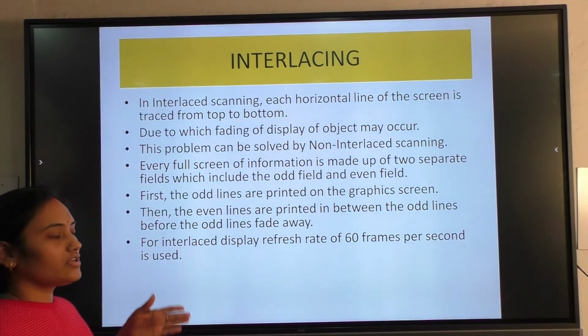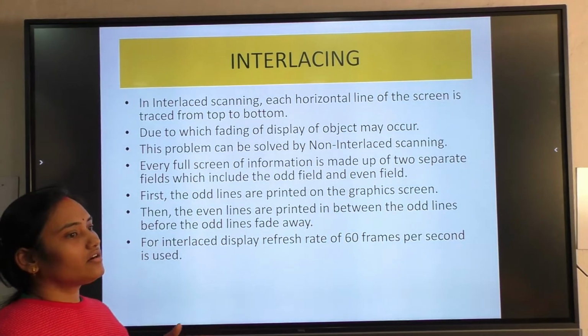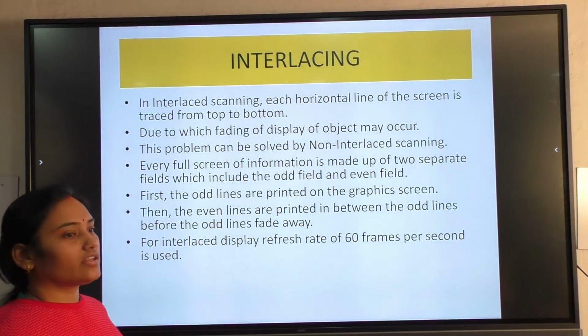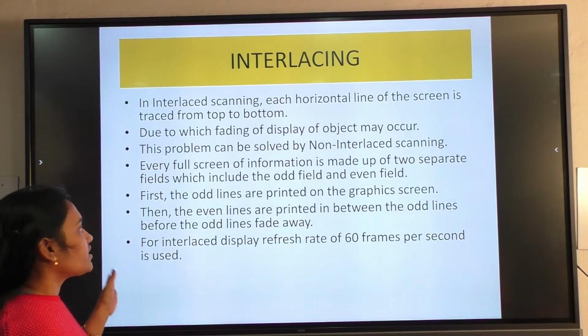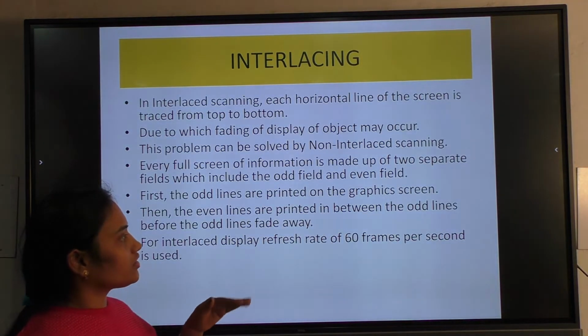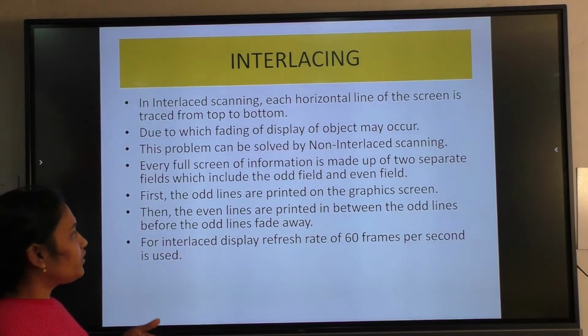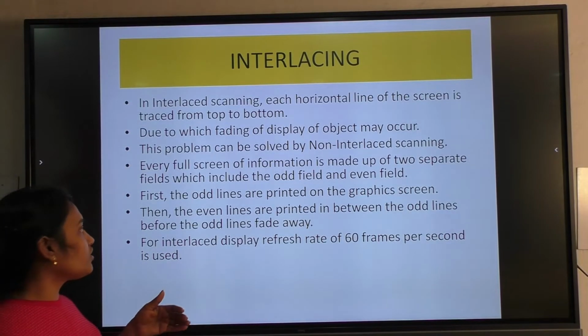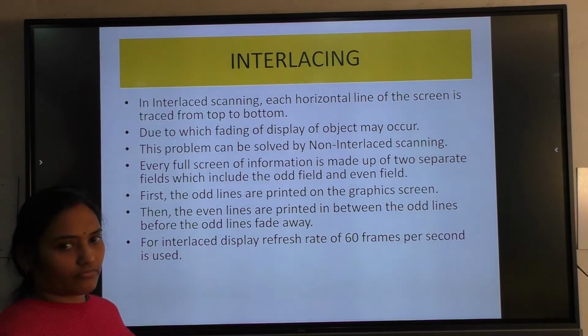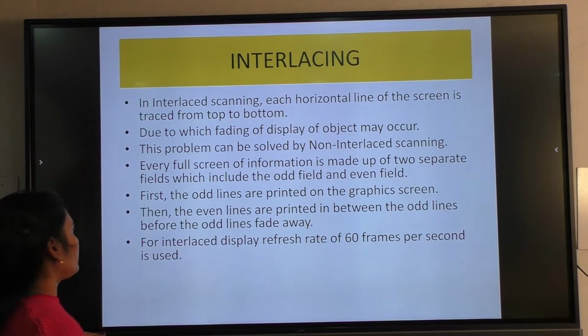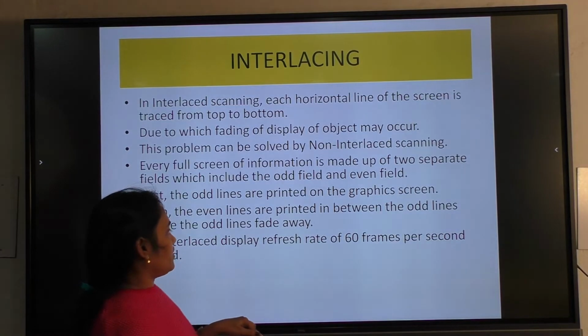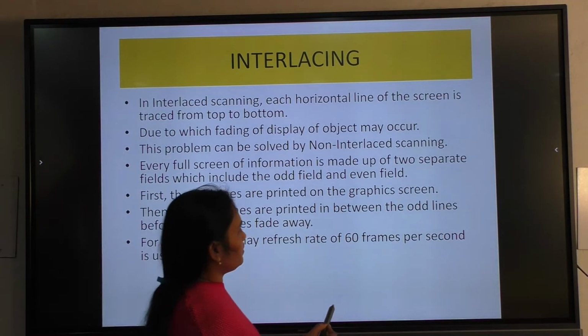That means here it will first scan the odd lines, then it will scan the even lines. First the odd lines are printed on the graphic screen, then the even lines are printed between the odd lines before the odd lines fade out.